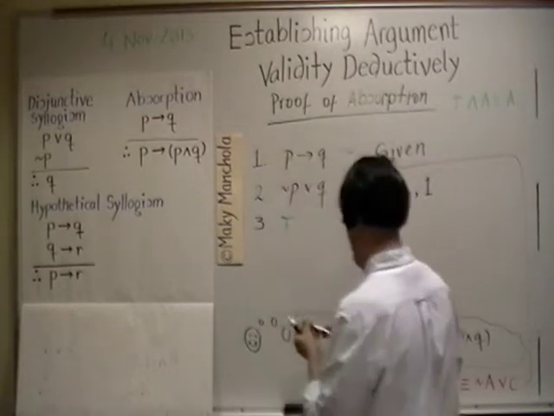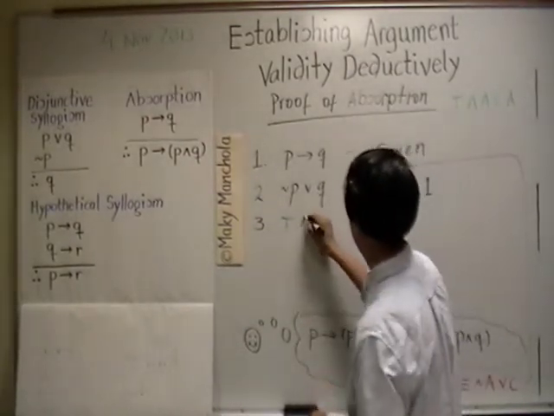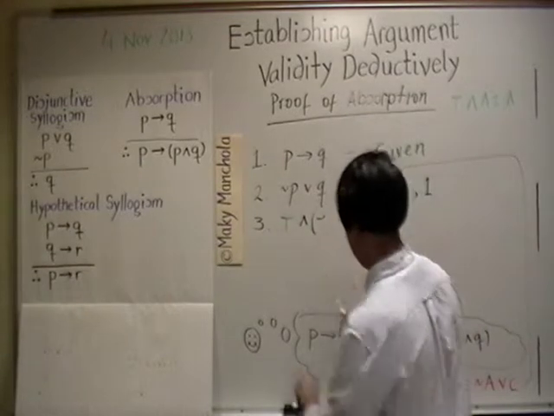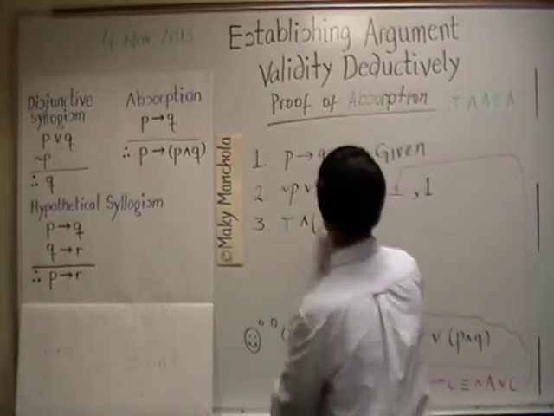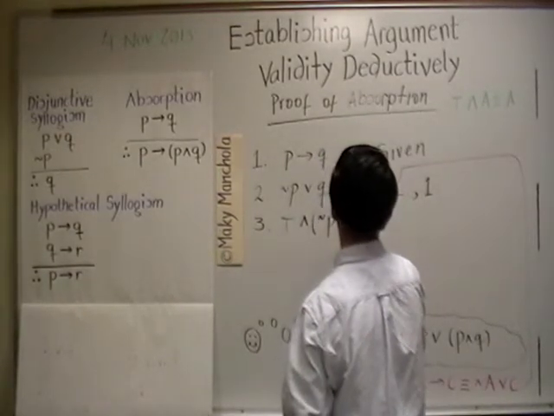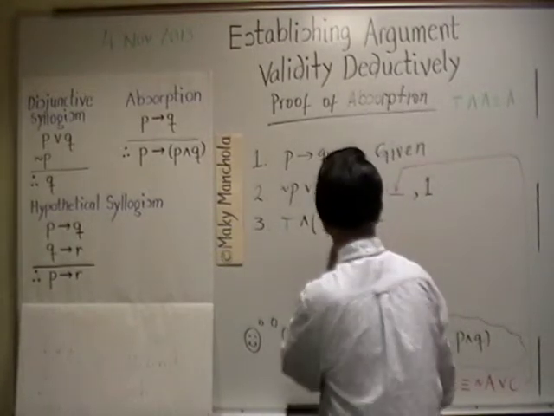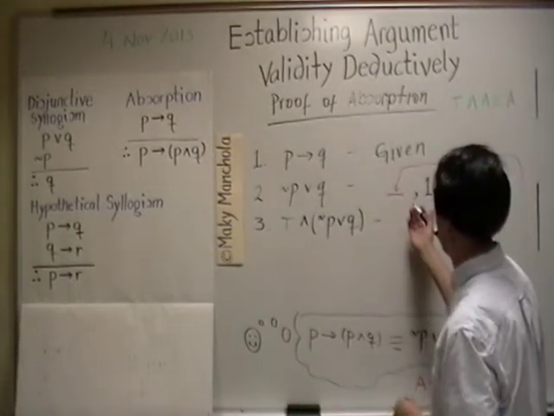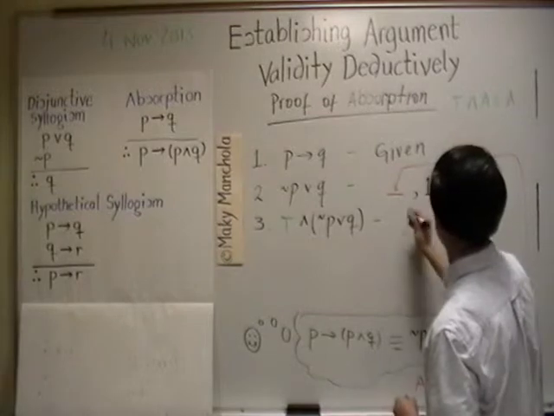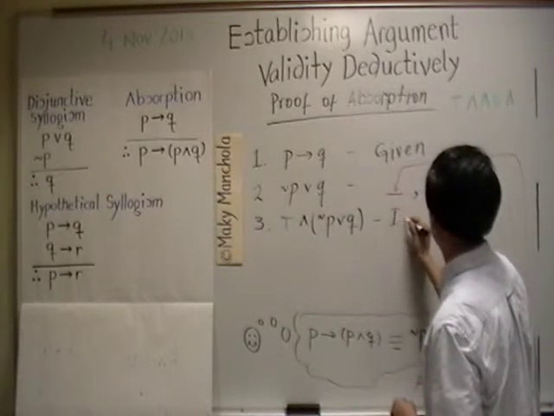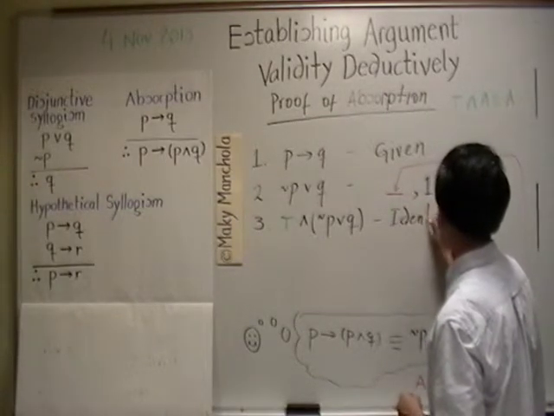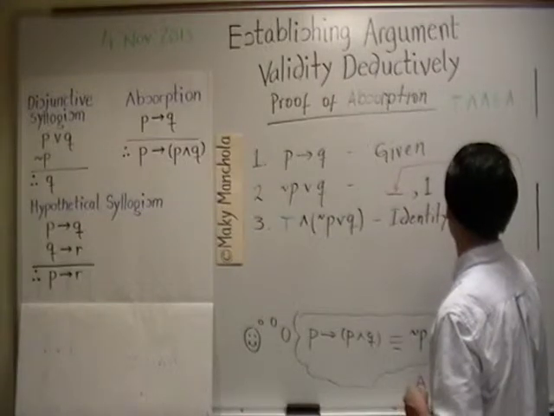True and negation of P or Q. Why is that? That's the identity of and.